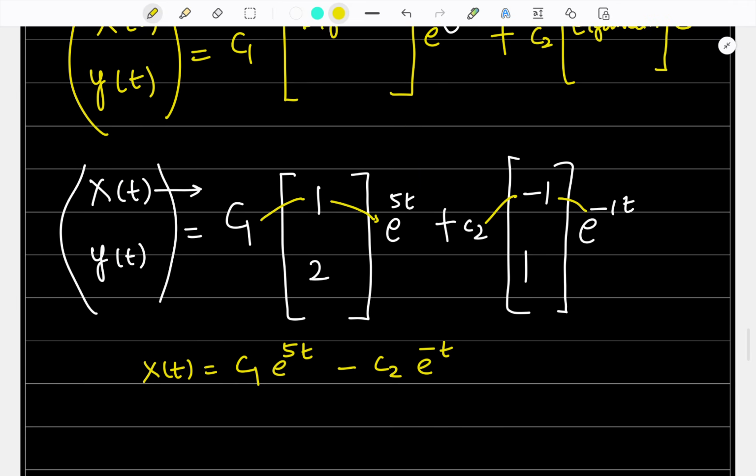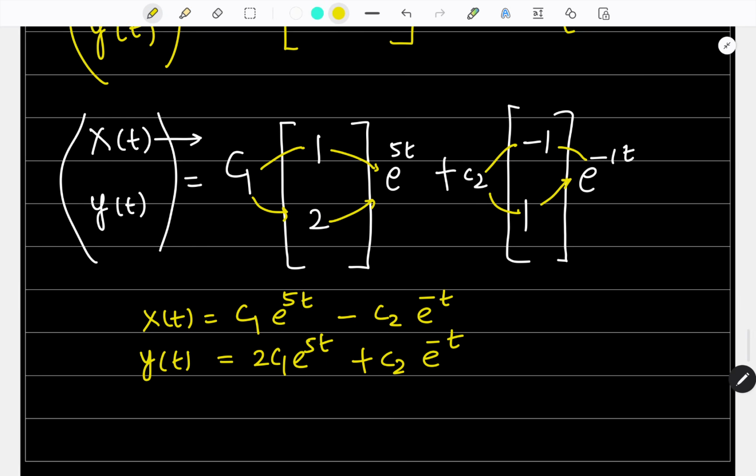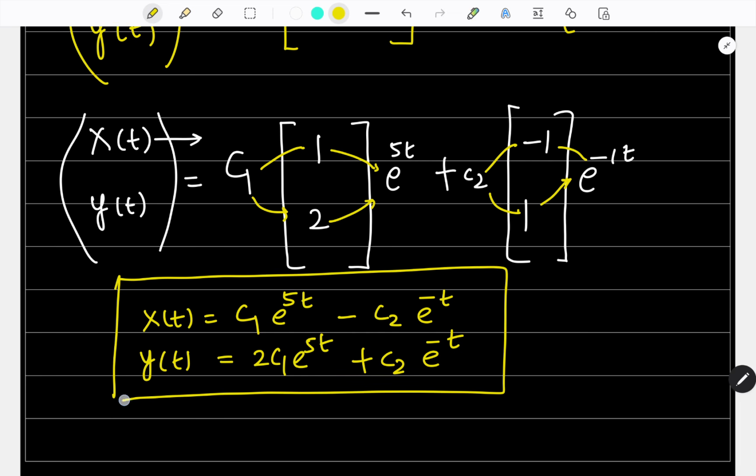Now we are going to write the solution. So y of t is equal to, go down from this side, which is 2 c1 e power 5t, and from here and from here, plus c2 e power minus t. So this is going to become the solution of this differential equations.